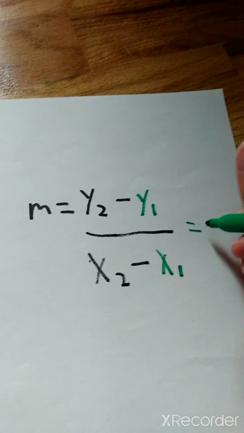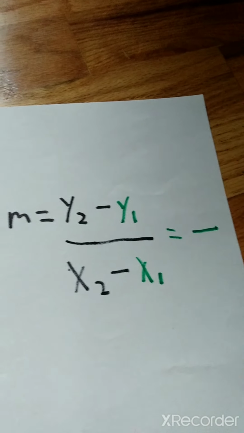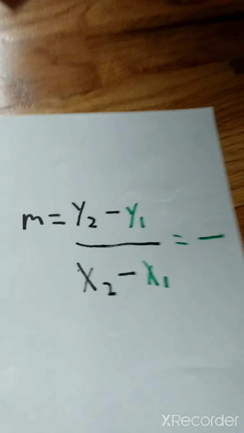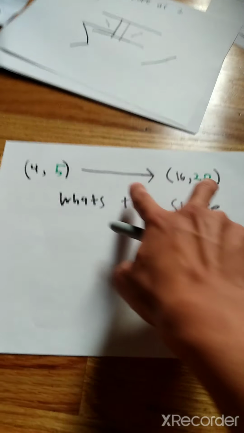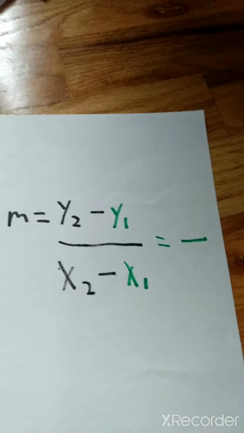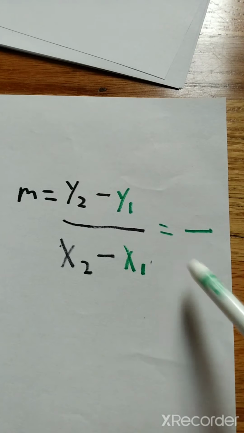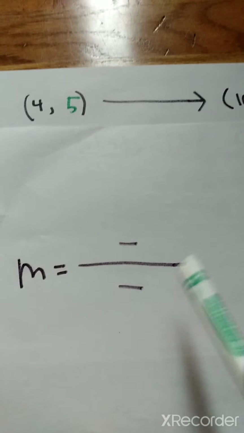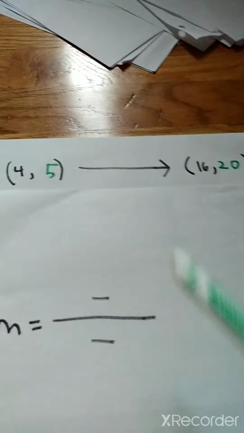Then we'll be able to get our slope as a fraction. So let's insert these numbers into the formula. With this formula, we have an empty formula, so we're going to be inserting these in here.